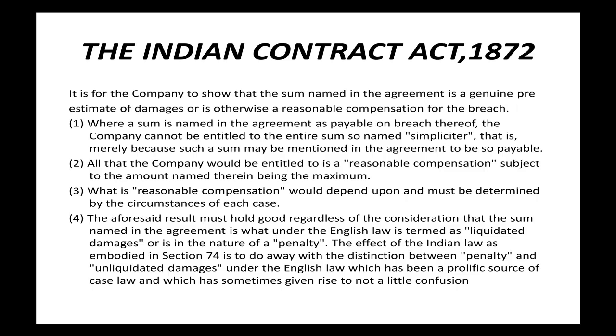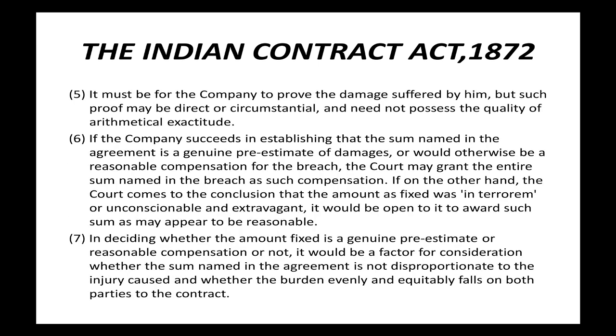Do a distinction between this and only reasonable things are allowed. It must be for the company to prove the damage suffered by it, by such proof that may be direct or circumstantial, and need not possess the quality of arithmetical exactness. If the company succeeds in establishing that the sum named in the agreement is genuine pre-estimated damages, then it's fine.